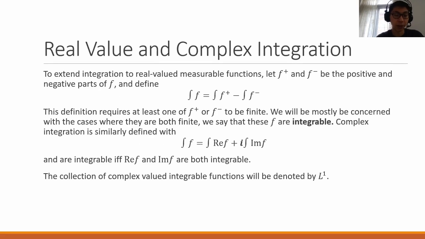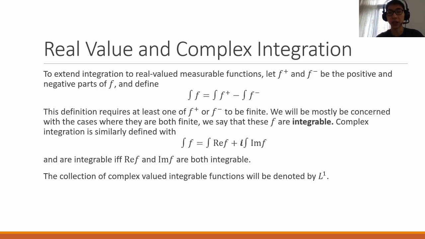Extending integration from non-negative functions to real functions can be made by breaking down the function into its negative and non-negative parts. Both of these are non-negative functions, and we can calculate the integration of both of these functions and calculate the difference between these two integrations to obtain the value of the integration of the original function.